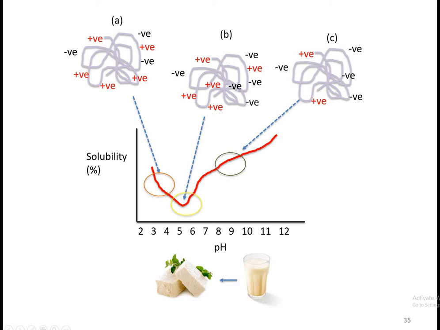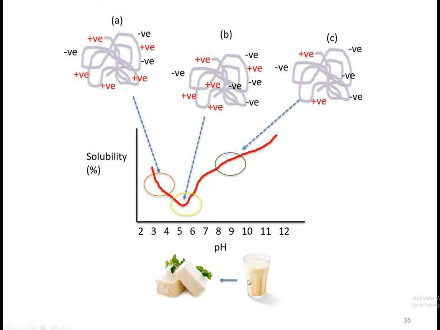But if you decide to add acid to this soya beverage, the more acid you add, as it approaches the isoelectric point, the solubility will drop and drop. So later it becomes some kind of precipitate, and if you drain the water out of that precipitate, it may turn into tofu-like products.